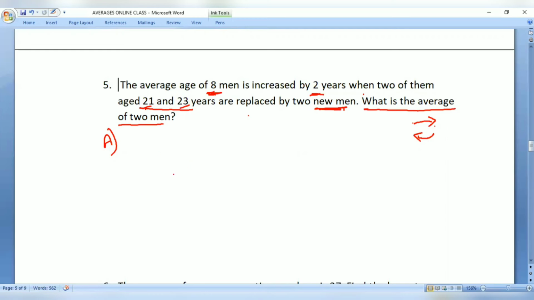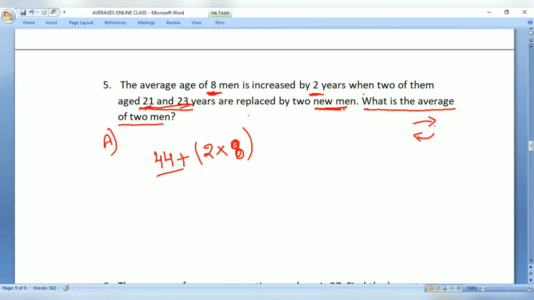Now, what we need to calculate? First, what is the two persons' average? Their sum we need to calculate first. Before calculating the average, first let us calculate the age of the two persons who are replaced. So their age is 21 plus 23, that is 44, plus the value by which the average is increased, which is 2, with the persons as 8, same. 8 persons are remaining constant.